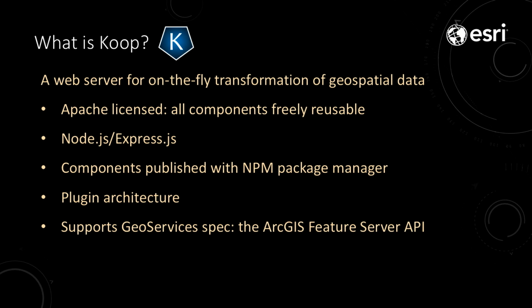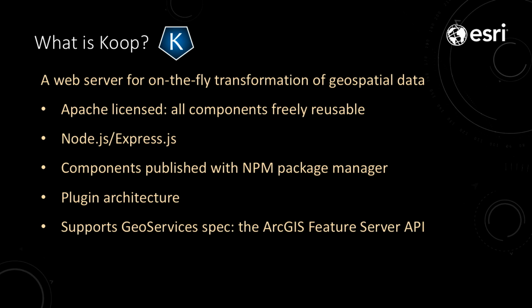Okay, so first question is, what is it? The simplest way I describe it is it's a web server that performs on-the-fly transformations of geospatial data. You can sort of think of it like an ETL, except it doesn't physically move anything from one place to another and permanently transform it.